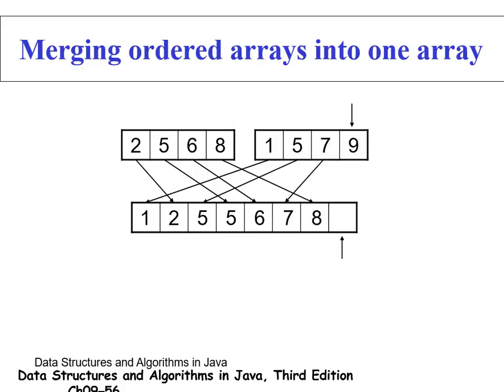And another one, while point A, good, is still less than A dot length, we gotta copy to the C. C at point C gets the value from A at point A. Plus plus. C plus plus.